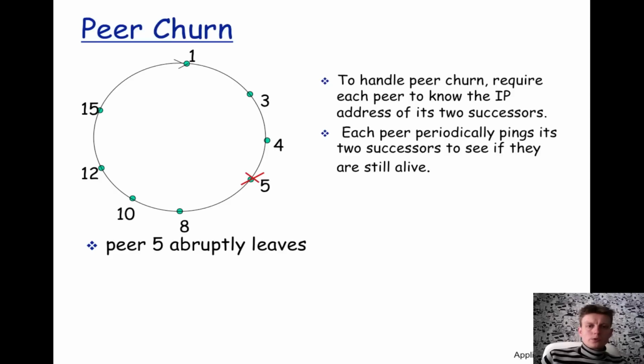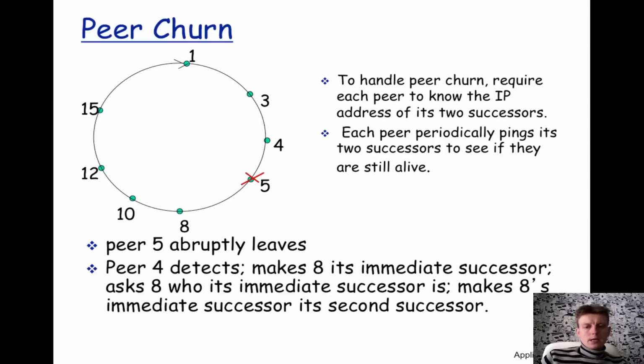Periodically, all nodes in the network ping their immediate successors to check whether they are still alive. So in the case when node 5 leaves the network, as is very typical for peer-to-peer applications, peer number 4 will eventually realize that peer number 5 disappeared, and it will ask the successor of node number 5 about its own successor.